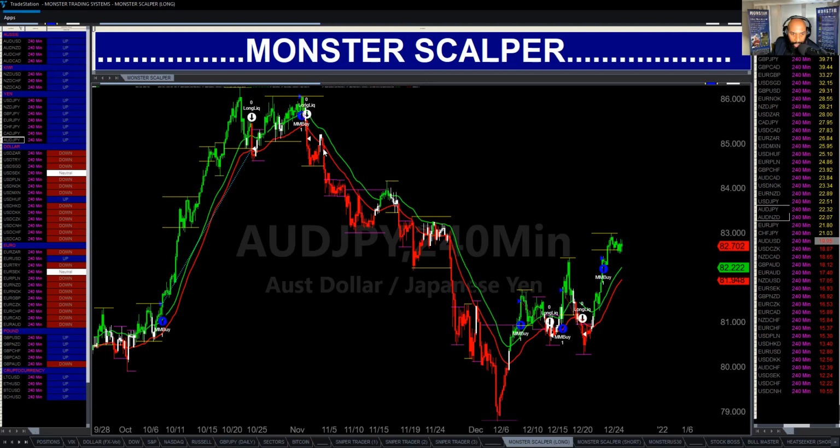We want the price to stay on the outside of the moving averages. See here, consolidation, all between here. See here, nice downward trends. So we want this in the markup phase and in the markdown phase. When price is between the moving averages, that's when we're going to get consolidation. You guys see that?